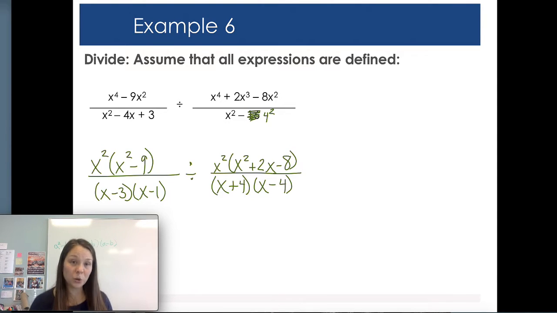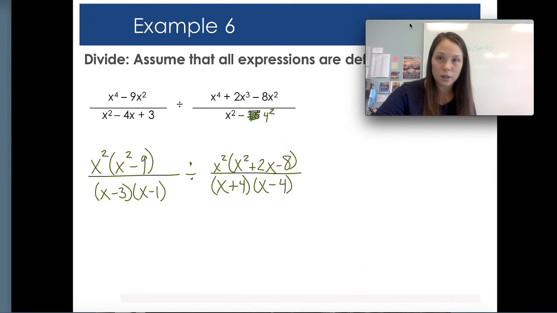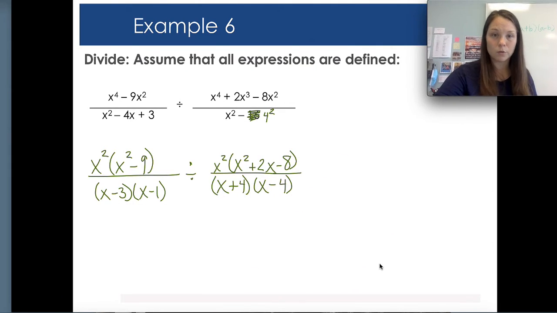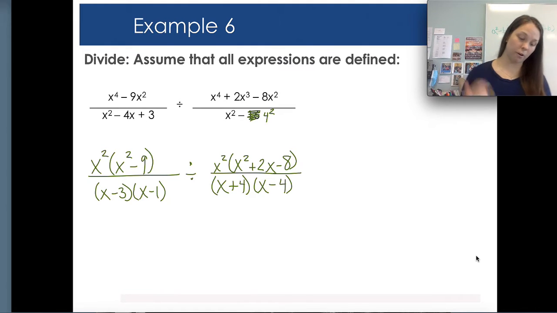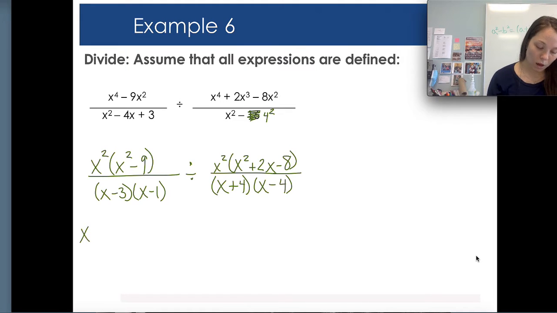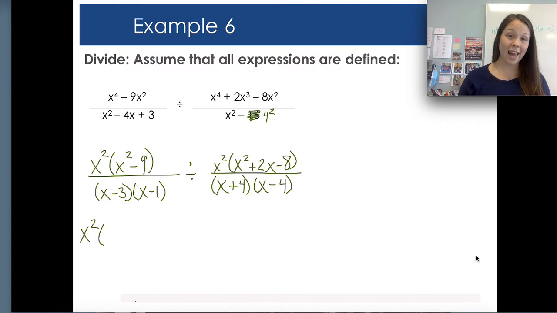Let's continue our factoring process here. Now, continuing to factor this first fraction even further, I'm going to have x squared, and then x squared minus 9 is another difference of two perfect squares, because 9 is the same thing as 3 squared. So this will give me x plus 3 times x minus 3.